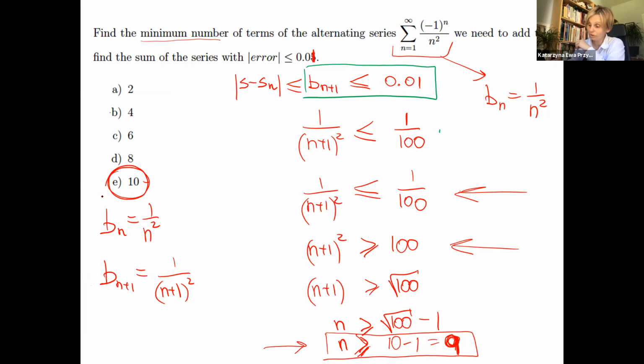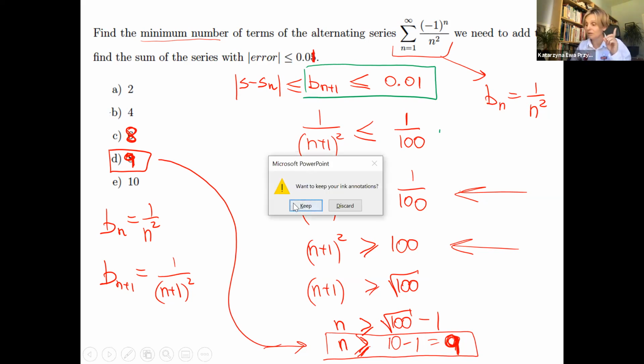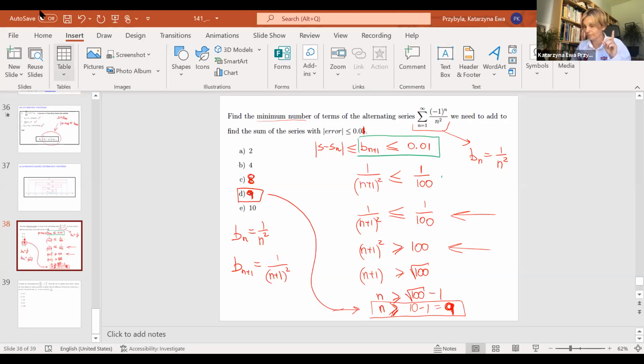Let's say the list had 8, and we will pick 9. That's the easiest way. But if you have to go, you may go. But let me show you.